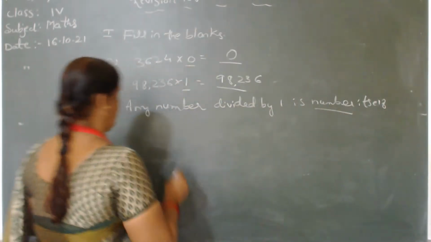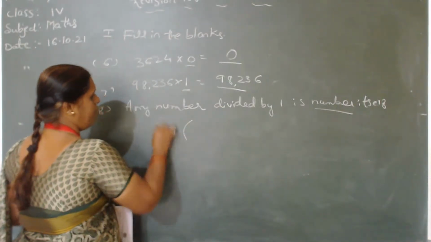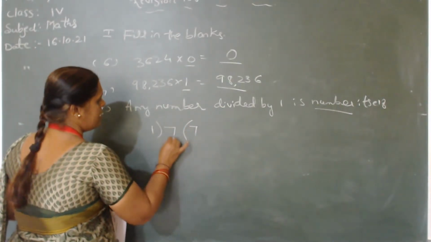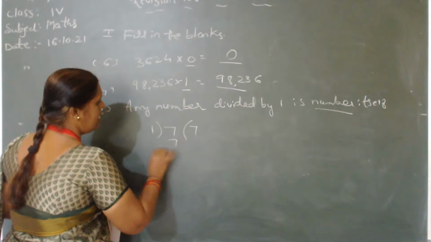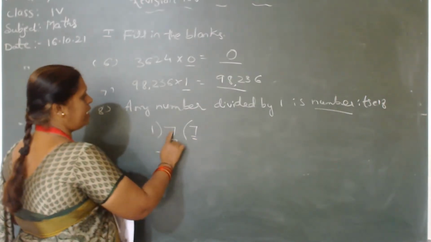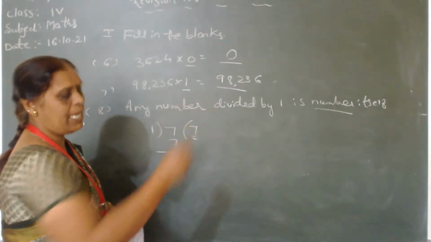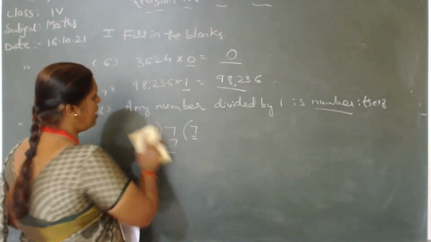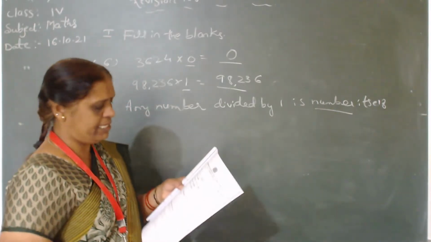For example, 7 divided by 1 is equal to 7, because 1 sevens are 7. The number we are dividing, we get the same number. This is the property of division.